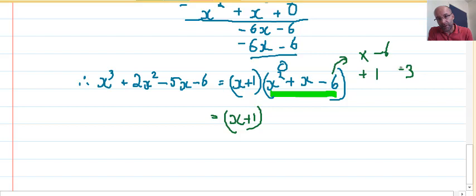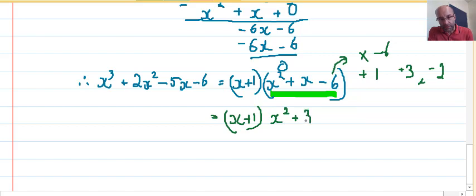How about +3 and -2? Okay, because 3 plus -2 is 1, and 3 times -2 is -6. So if you want to use the full decomposition method here, you can.